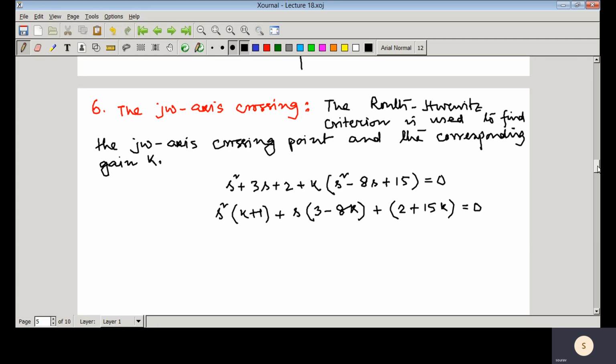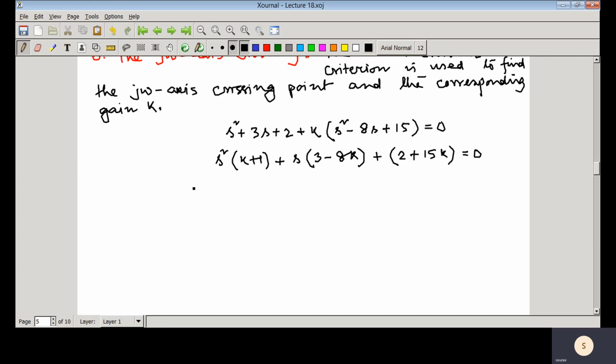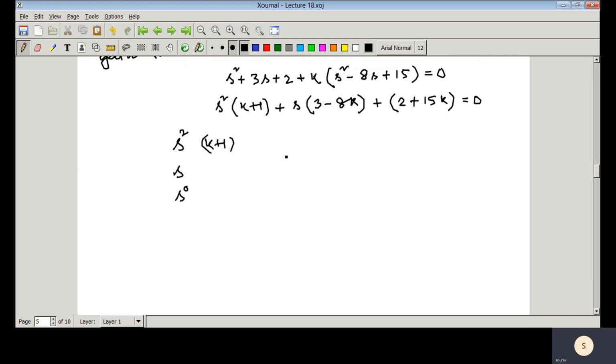This is the characteristic equation, and then we form the Routh table with rows s square, s1 and s0. So s square row has 1 plus K and 2 plus 15K, then s1 has 3 minus 8K, and s0 is 2 plus 15K.